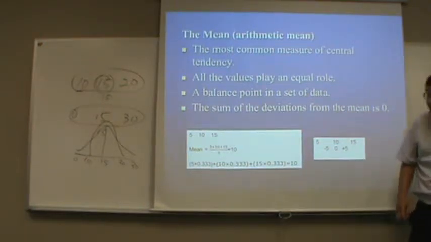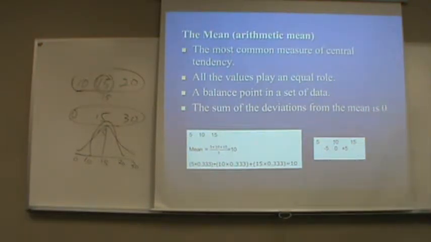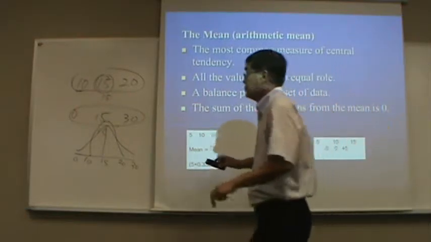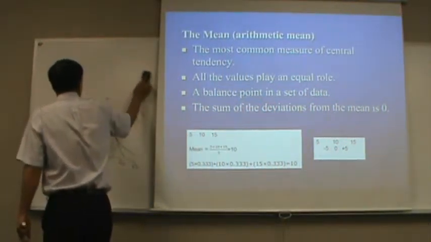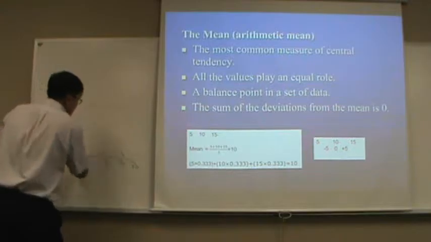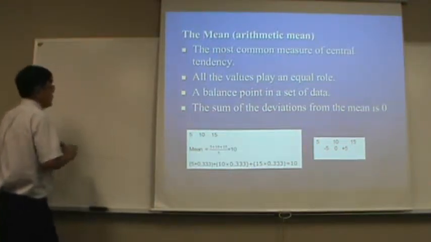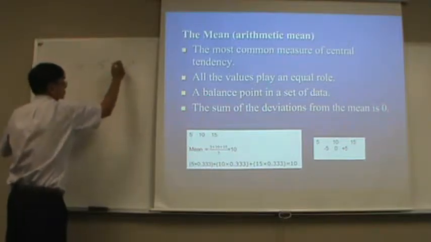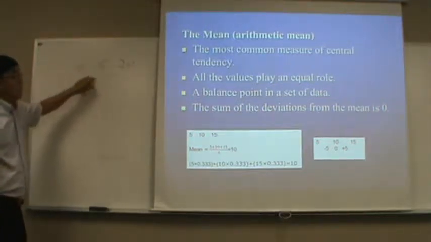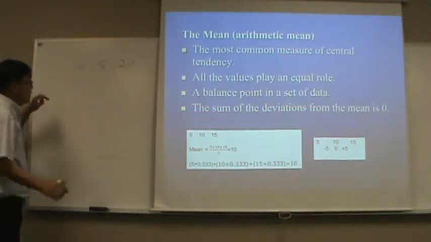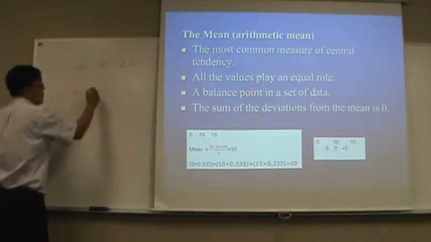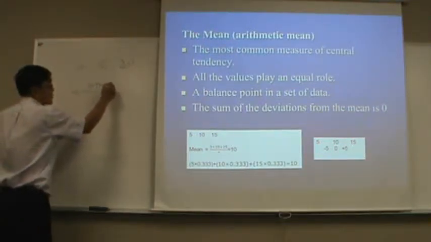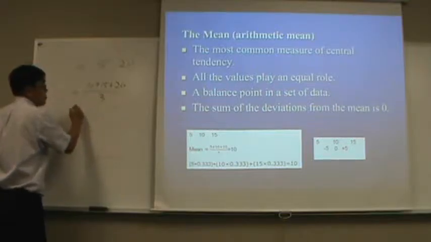That means if we have a data set 10, 15, 20, then the average is 10 plus 15 plus 20 divided by 3 equals 15.